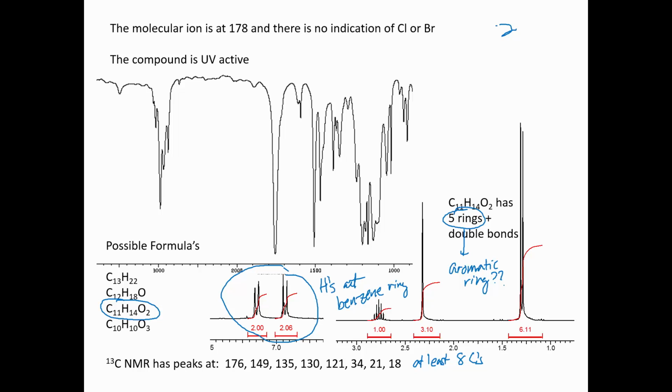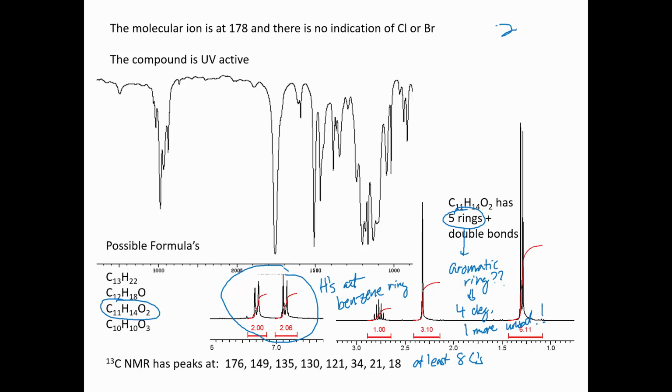All right, so we have 5 degrees of unsaturation. If we have a benzene ring, that would give us 4 of them. We have one more unsaturation that's not covered by the benzene ring, and right away we can see what it is.